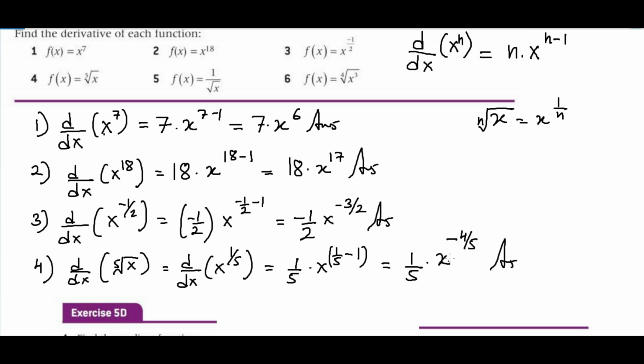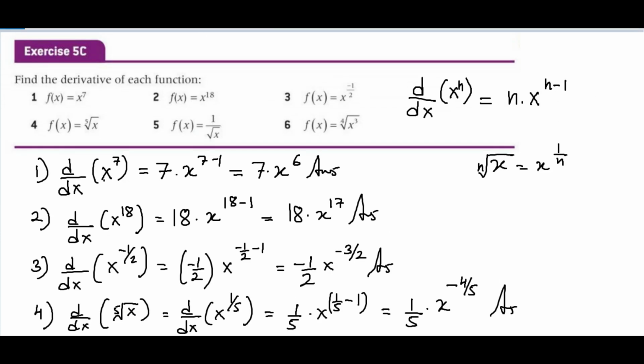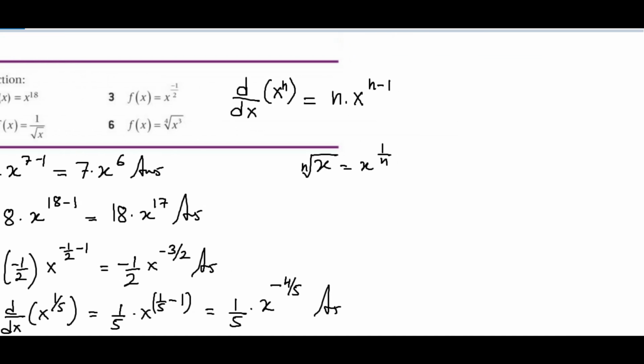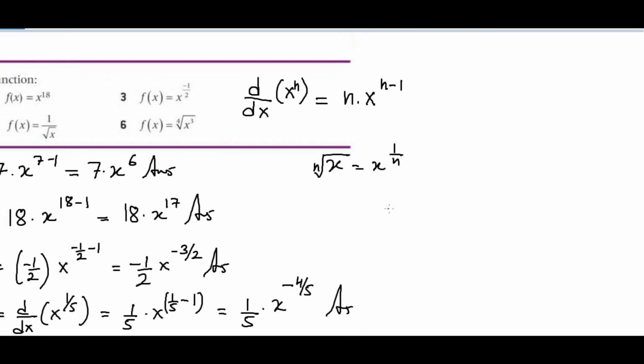You can put it as a fourth root also. Now we will take up the fifth question, which is 1 upon square root of x. dy by dx of 1 upon square root of x.